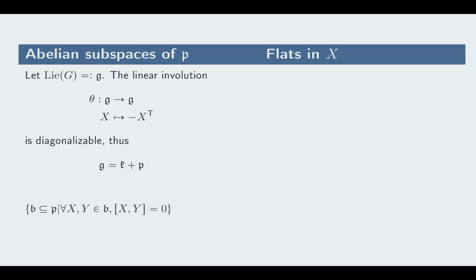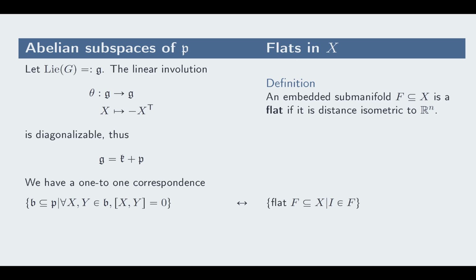And I can consider abelian subspaces of p. Abelian subspace means it will be a trivial Lie algebra inside p, but p is not a Lie algebra. So we consider subspaces of p which are trivial Lie algebras, so every bracket commutes inside them, and we can show that there is a one-to-one correspondence between these subspaces and flats containing identity.